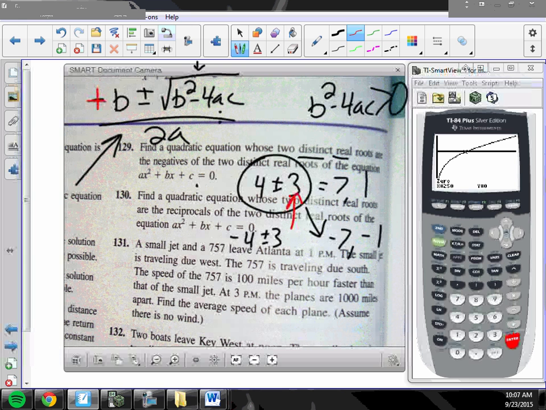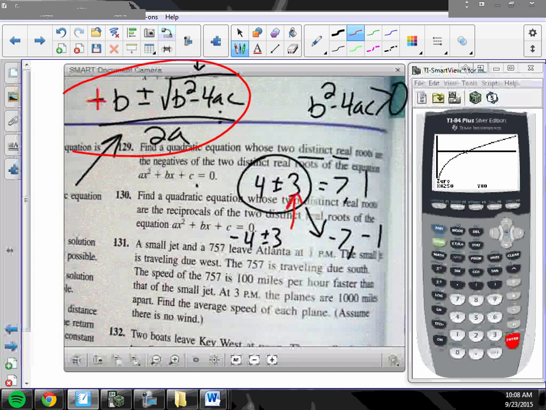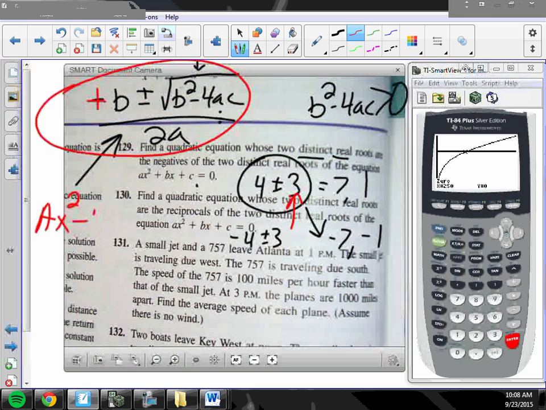So if this is the answer, then what was the equation? Right. It's ax squared minus bx plus c. Does that interfere with the b squared? Why not? Negative b squared is the same as b squared. Okay?